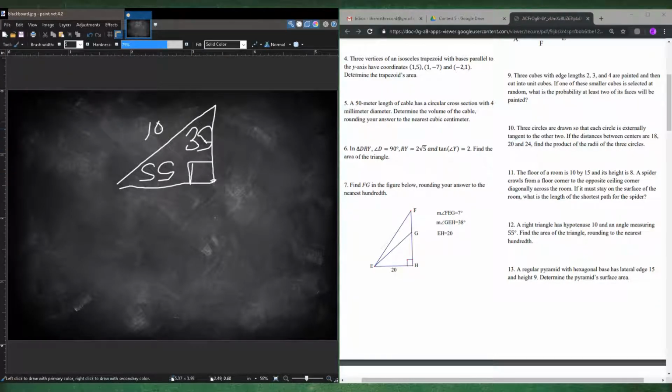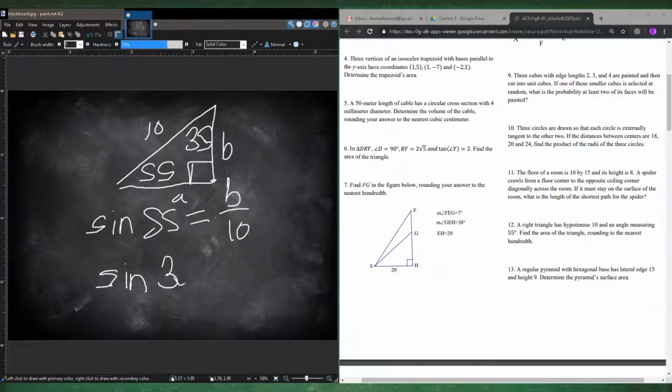Technically, if you think about it, sine of 55 is equal to, let's call this b and this a, b over 10. And sine of 35 is a over 10. So b is 10 times sine of 55, just multiplying 10 to the other side. Same here, so 10 times sine of 35 equals a.